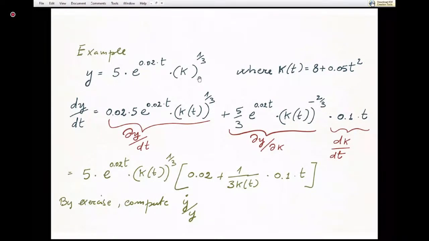So there is an indirect dependence on time because K is supposed to change in this way, okay? 8 plus 0.05 t squared. So it increases over time. But then there is also a direct dependence because the coefficient here that multiplies K is not a constant like in common production functions, A, capital A. But capital A changes over time.